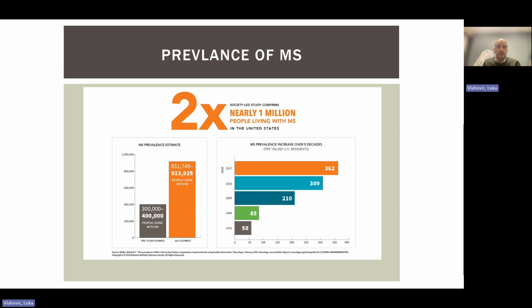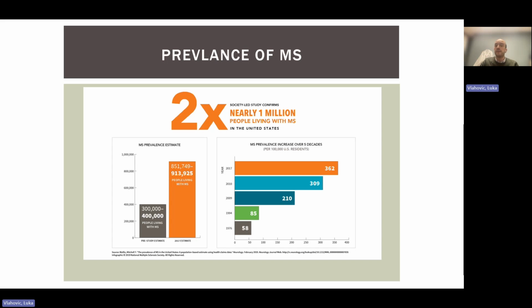In terms of prevalence of multiple sclerosis, very large epidemiological studies from around 2017 showed a notably higher prevalence than initially expected. What was previously reported, even from studies going back to the 70s or 80s, was somewhere around 300 to 400,000 people who have MS and live in the United States. This most recent study from 2017 showed a prevalence that comes close to 1 million.